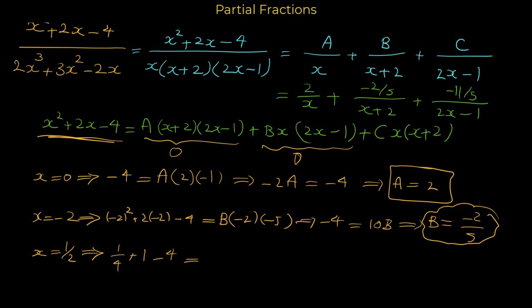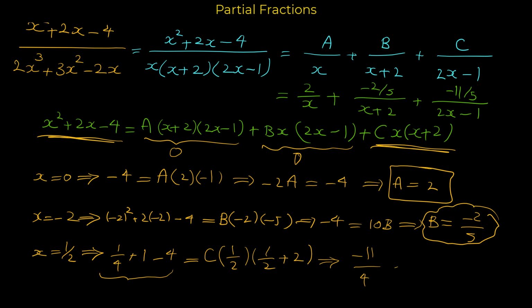So we plug in 1/2 only in this part: c times 1/2 times 1/2 plus 2. If you do a simple calculation here, all of this would be negative 11 over 4.